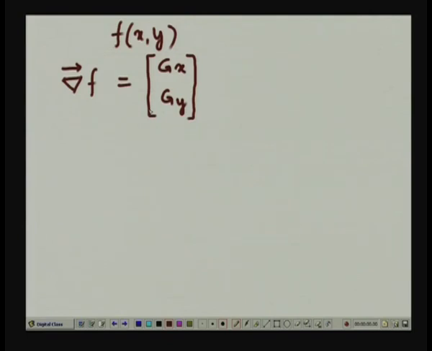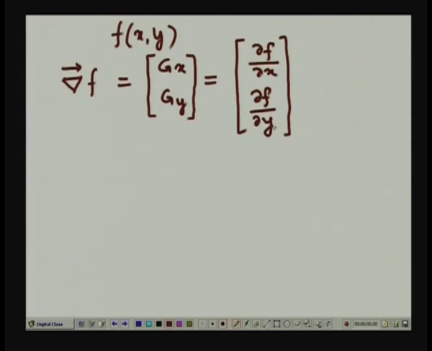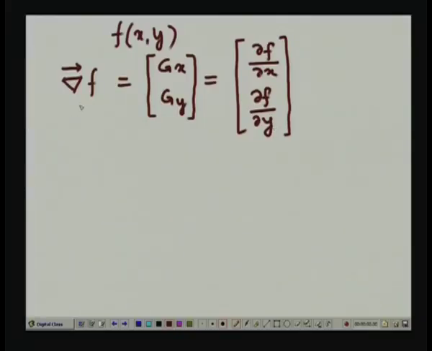And this g_x is nothing but del f del x, and del f del y is g_y. So, g_x is the partial derivative of f along the x direction, and g_y is the partial derivative of f along the y direction. So, we can find out the gradient of the image f by doing this operation.